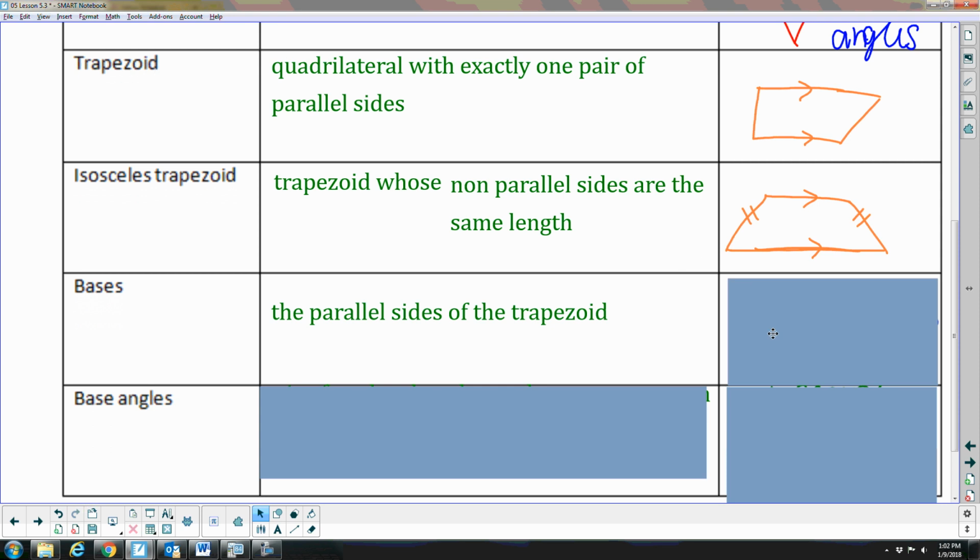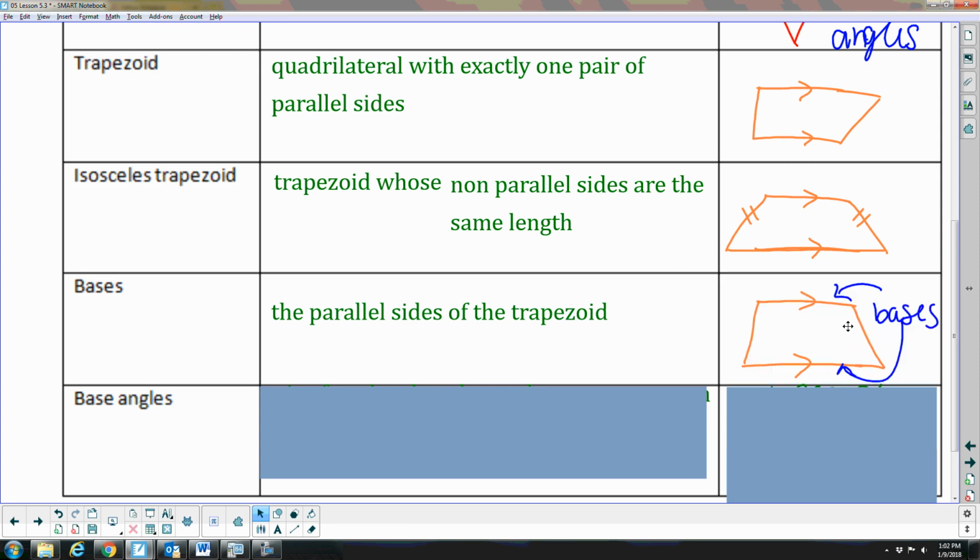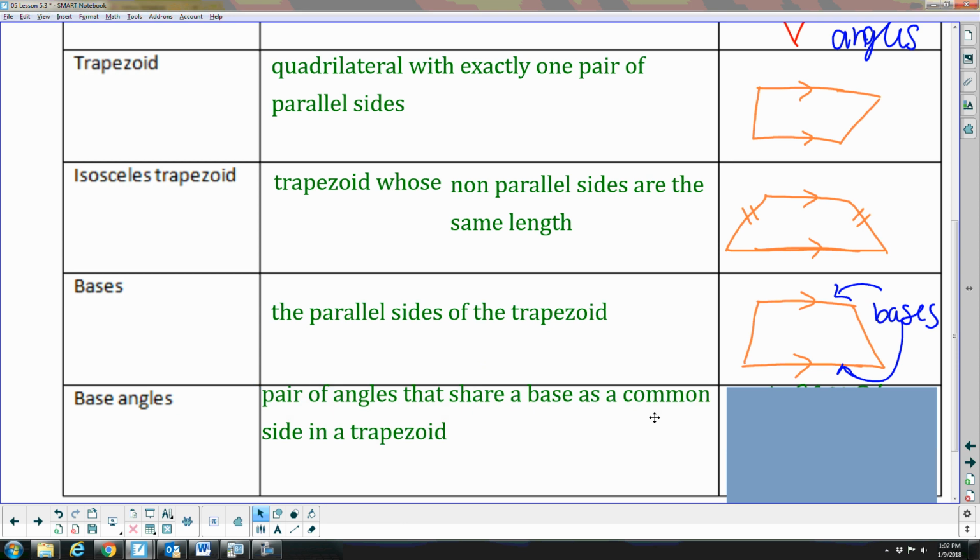And then the bases and base angles also deal with trapezoids. So the bases are the parallel sides of a trapezoid. So these two sides are the bases. And then the base angles is a pair of angles that share a base as a common side in a trapezoid.